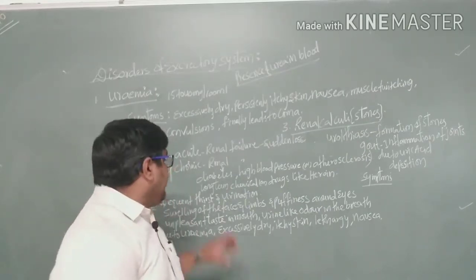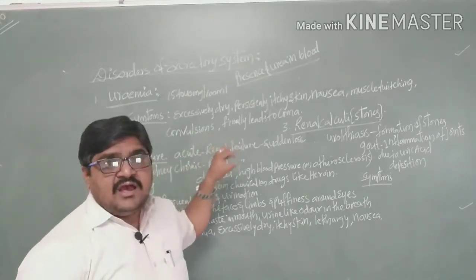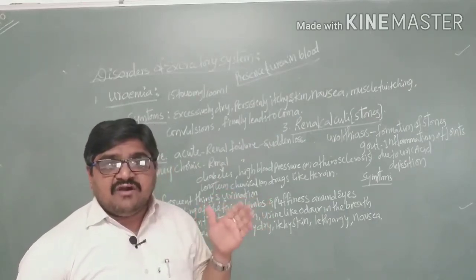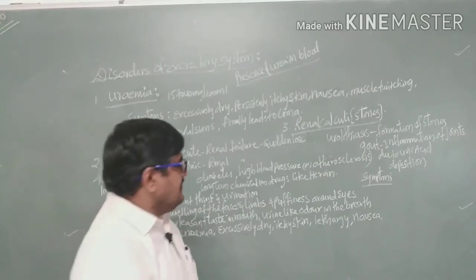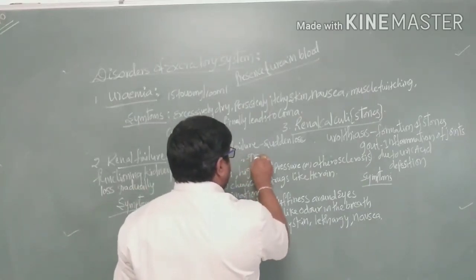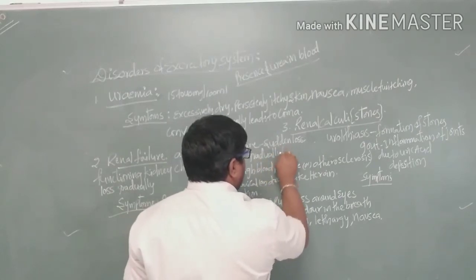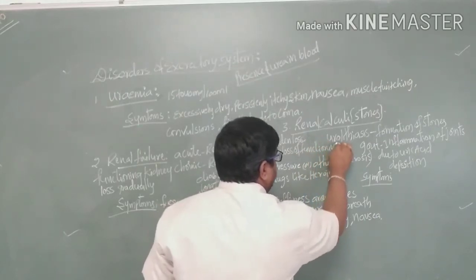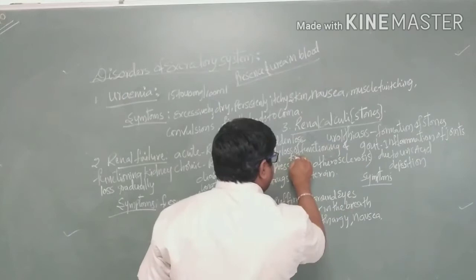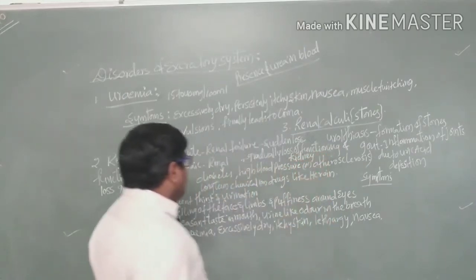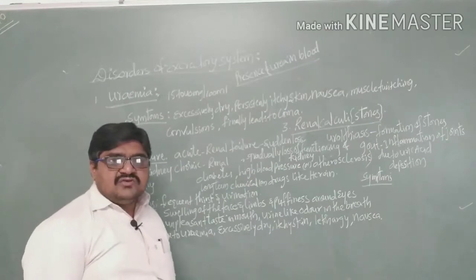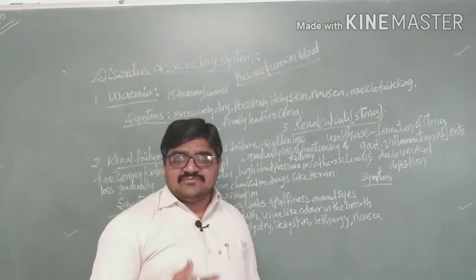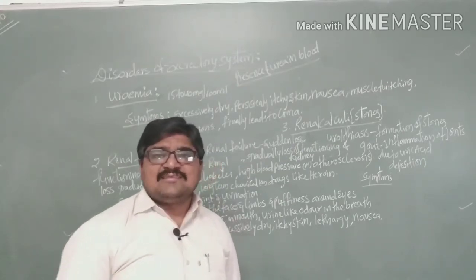But in chronic renal failure, there is gradual loss of the functioning of the kidneys. Gradual loss means it is permanent and irreversible. It cannot be cured again.